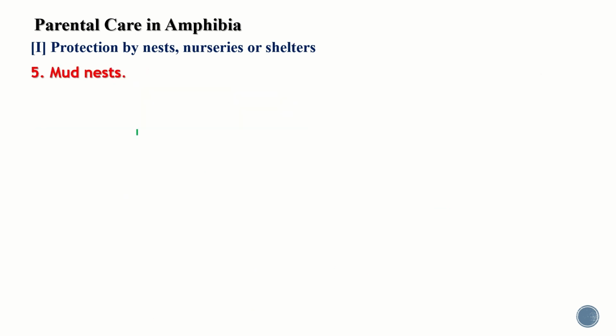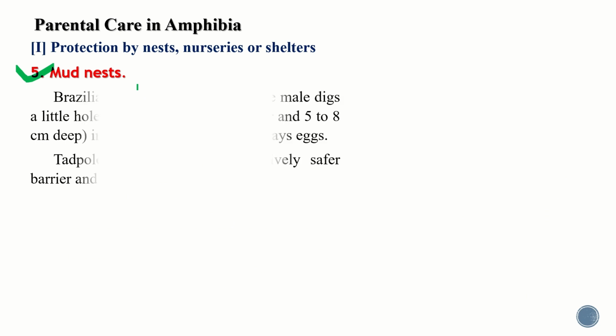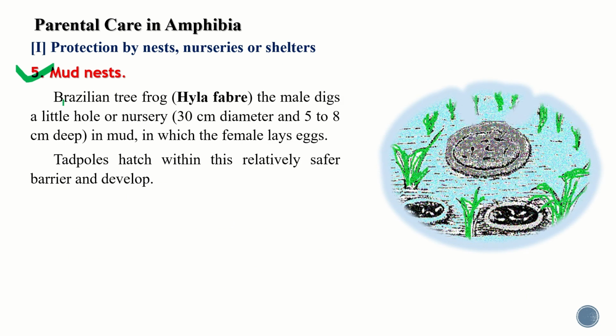The fifth type of protection by nest, nurseries or shelter, which is a type of parental care in amphibia, is the formation of a mud nest. In the case of the Brazilian tree frog, Hyla faber, the male digs a little hole, which is also called a nursery, about 30 by 30 centimeters in diameter and 5 to 8 centimeters deep in mud.